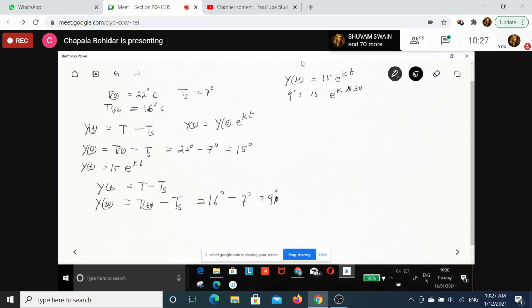So now this implies 9 by 15, that is 3 by 5, is equal to e to the power 30k. This implies k is equal to 1 by 30 ln of 3 by 5. So tell me what is that value?